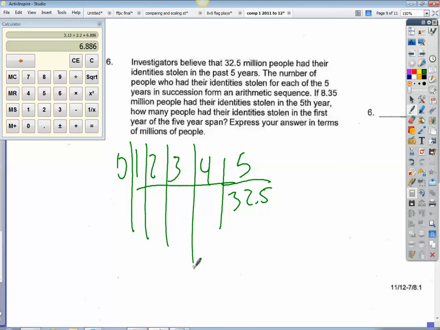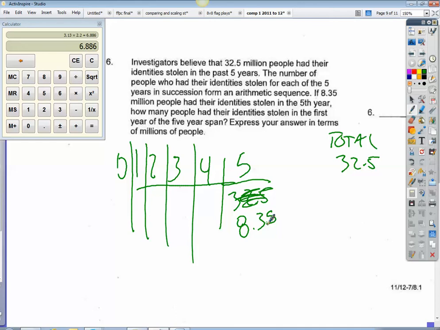All right. So that's total. That's a total. So in the 5th year, we had 8,350,000. And so we need to figure out how many were stolen the 1st year.